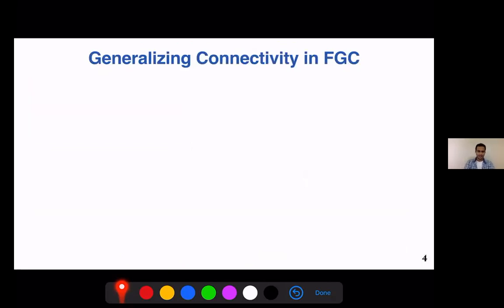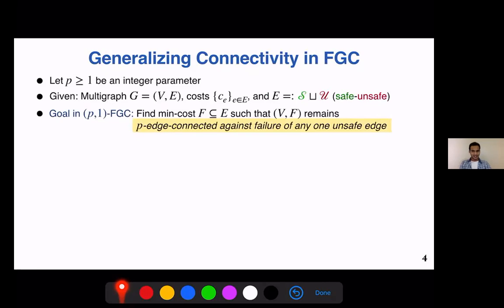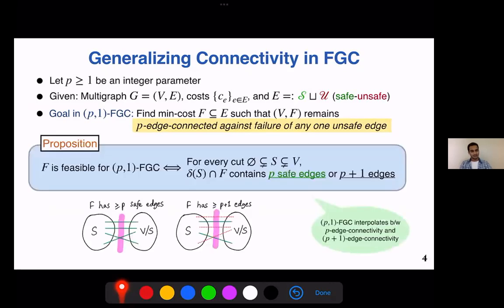Now I'll describe two possible generalizations of the FGC model. Consider an integer parameter p, which will denote the connectivity requirement. We are given an instance of FGC. In the (p,1)-FGC problem, we want to find a minimum cost F such that the subgraph (V, F) remains p-edge connected against failure of any one unsafe edge.